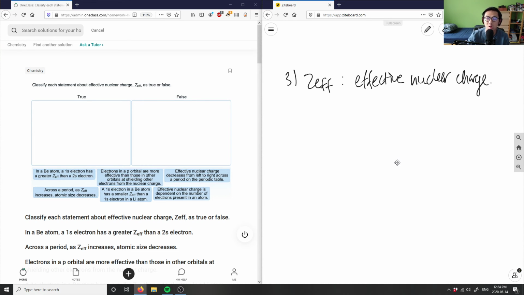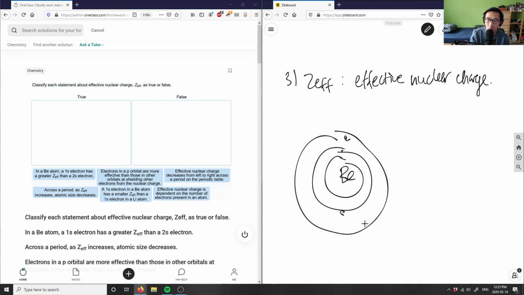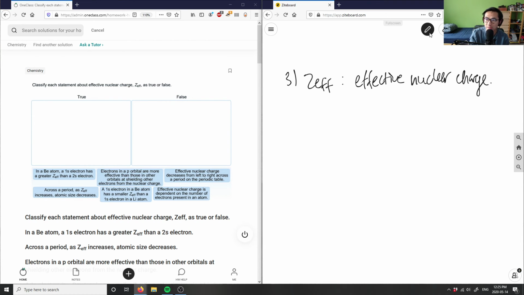So if you had something that's not hydrogen, for example a beryllium atom, you have your Be here, your first shell is filled with 1, 2, and your second shell is 1, and then also 2, right? Again, these are very, very bad diagrams. Let me redraw this as a nicer diagram here.